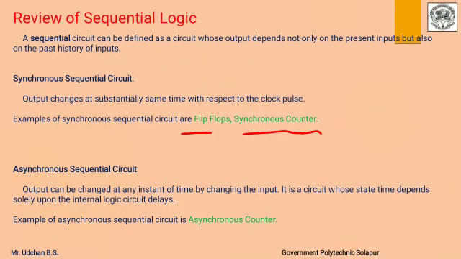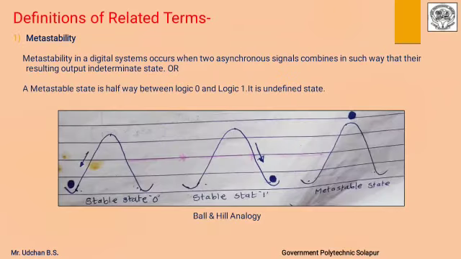Therefore, their output will not change at the same time. The example of an asynchronous sequential circuit is the asynchronous counter. We already studied what the flip-flop is, what the synchronous counter is, and what the asynchronous counter is in the digital technique subject. Now we will learn some definitions.